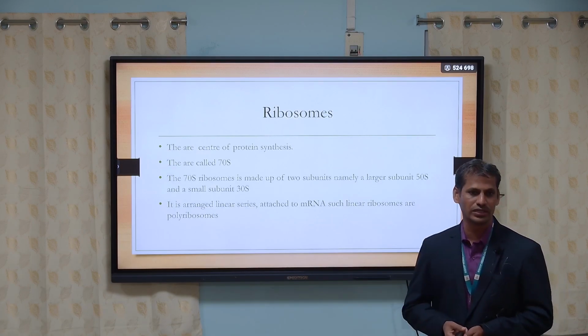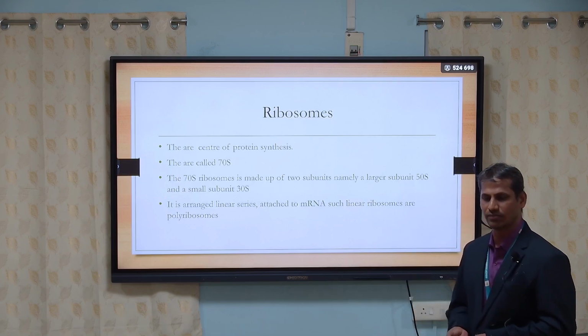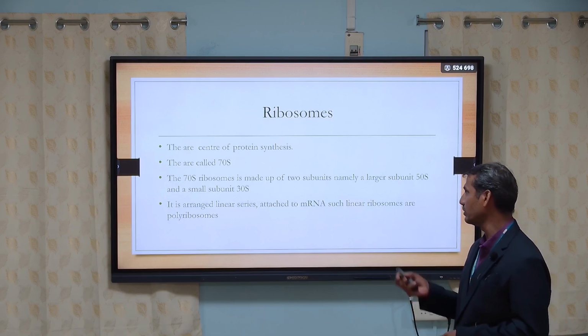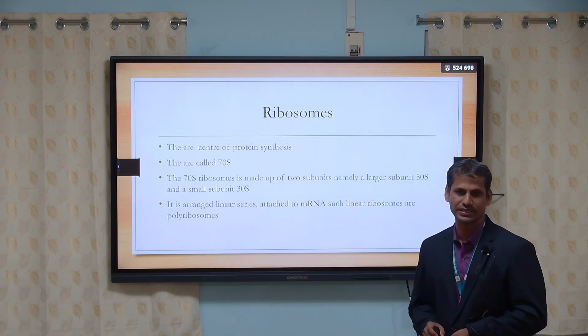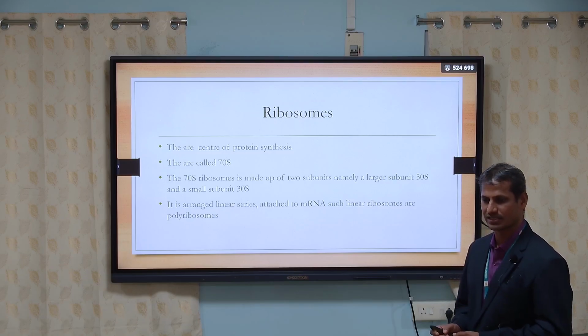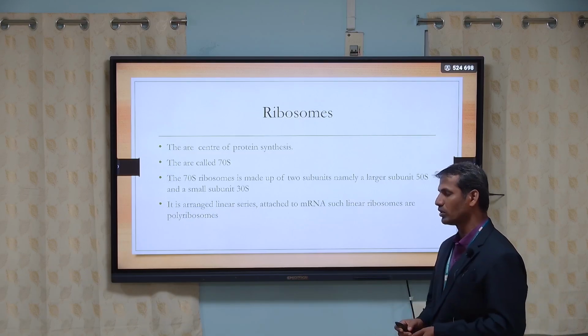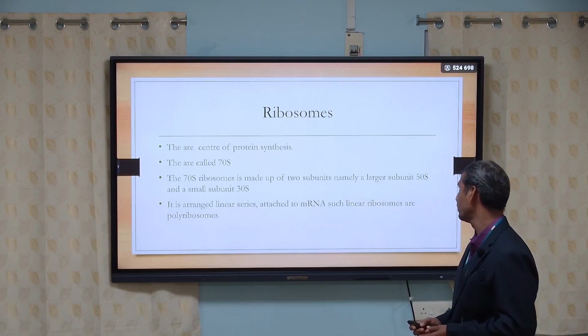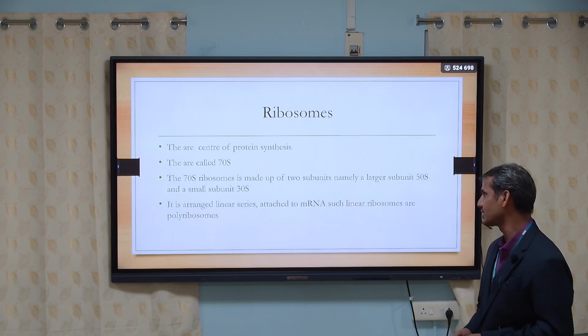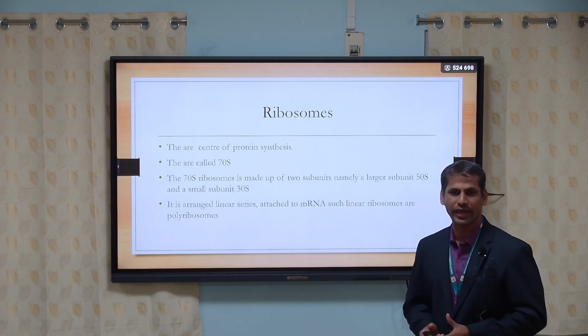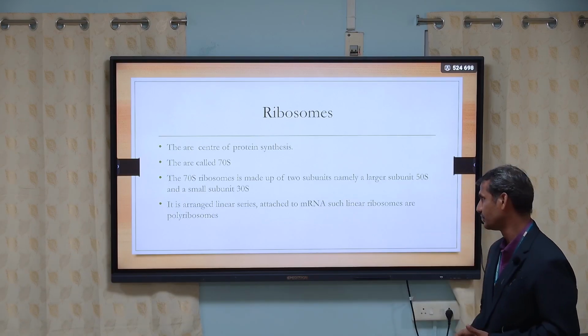Next we move to the ribosome. The ribosome here is the 70S ribosome, made up of two subunits, the 50S subunit and the 30S subunit. The ribosome is mainly helpful for protein synthesis.